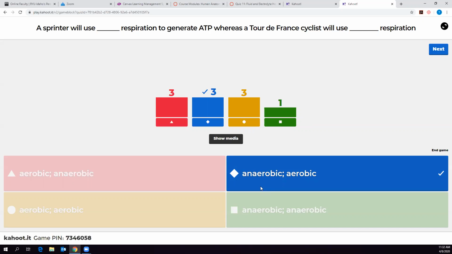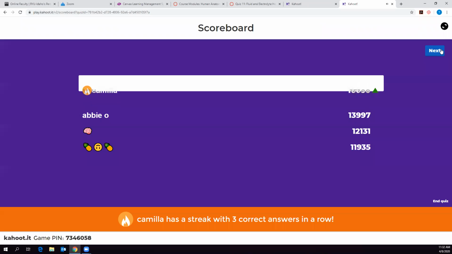Aerobic respiration is long-term. We're not sprinting, we're just contracting our muscles for a long time. So they'll use aerobic respiration. These are two very different kinds of activities. This one is short-term burst of speed kind of things. This is long-term, let's keep doing it forever kind of ATP production.